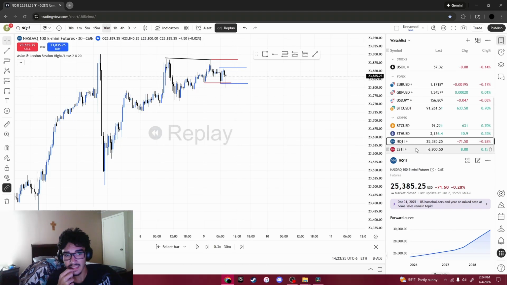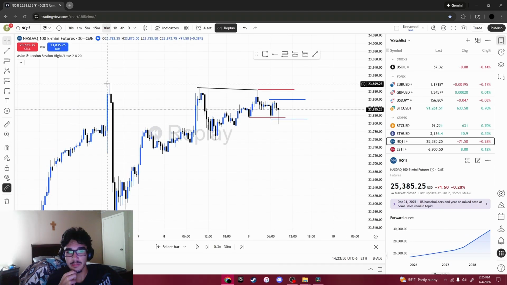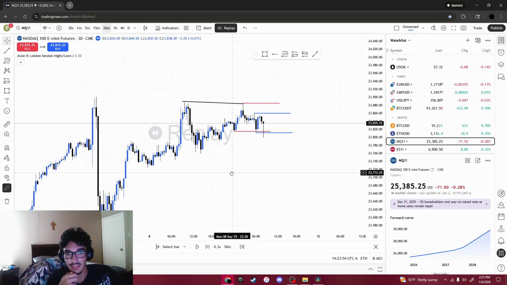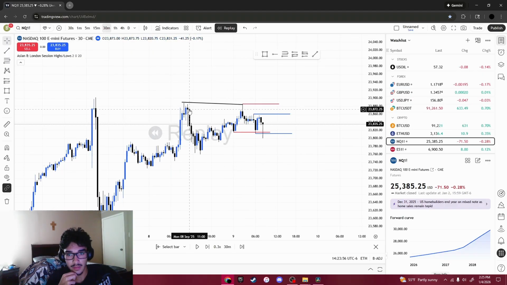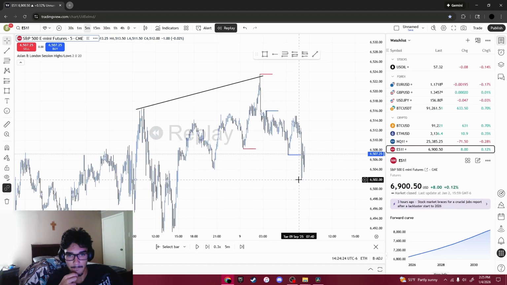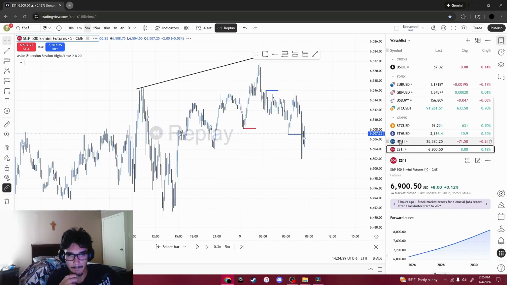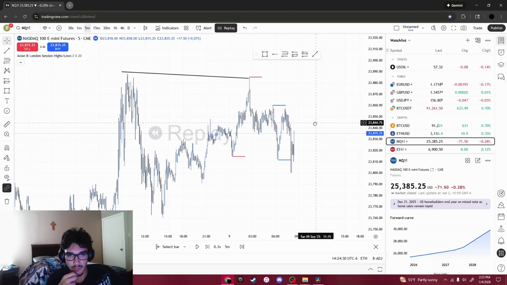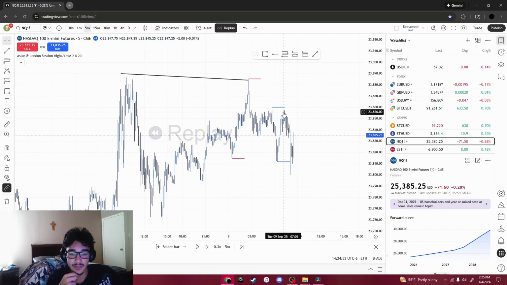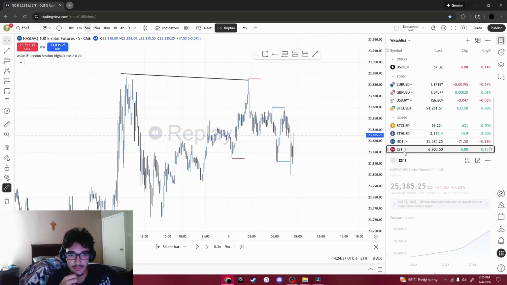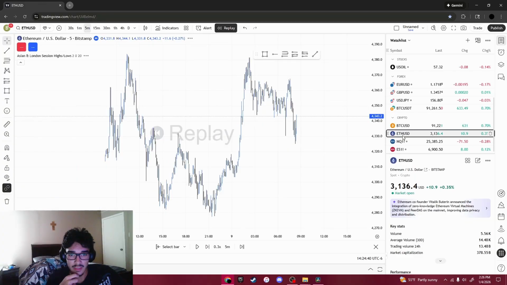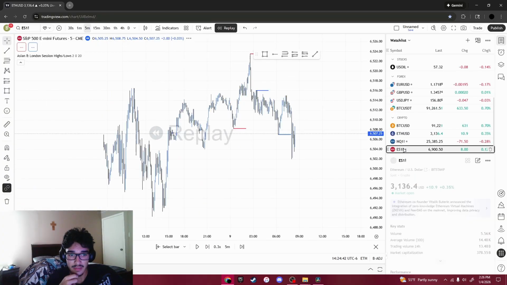Let's look for NASDAQ to sweep these highs and then go on and take out these little resistance liquidities, or this high up here. Even right here. Where's the bearish SMT divergence?